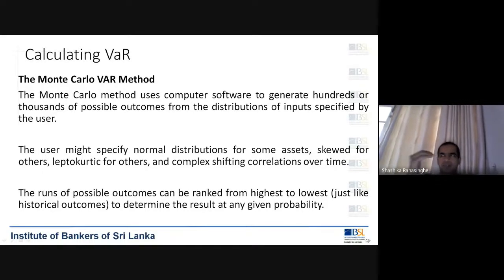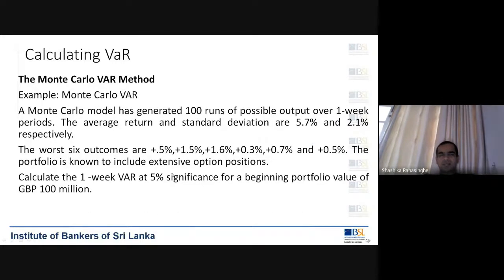Okay, so I'm just going through these methods step by step. Observe them carefully. This is how you need to do it. But the good news is it's identical to historical method to determine the results at any given probability. So let's try this example. The Monte Carlo model has generated 100 runs of possible output over 1 week periods.